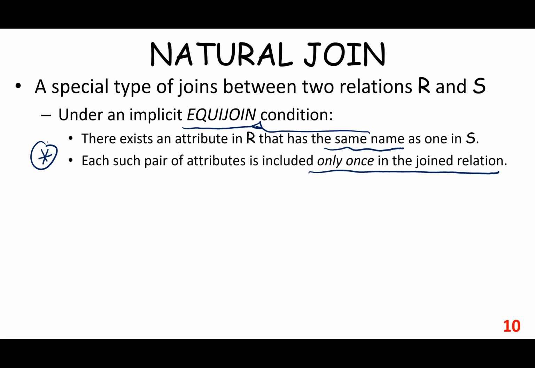But in the natural join, only once. Same attribute, why do you need to repeat it twice? We can use one copy of that attribute in the join table. So in this special way, you take away one redundant attribute column in the result join table.